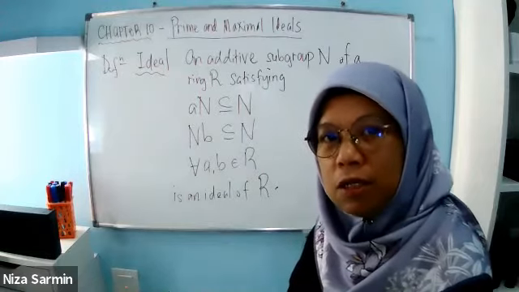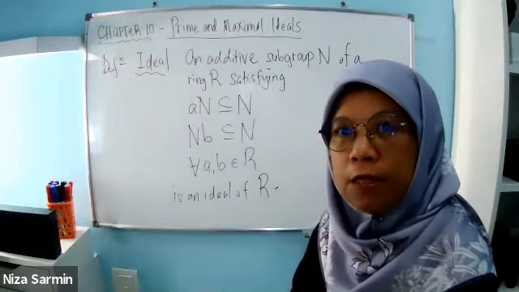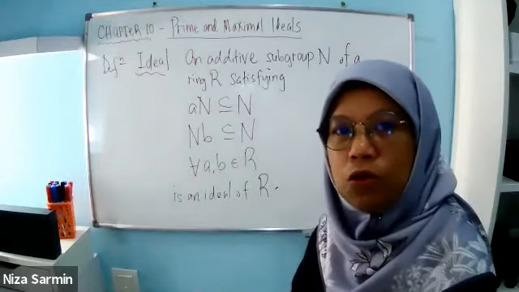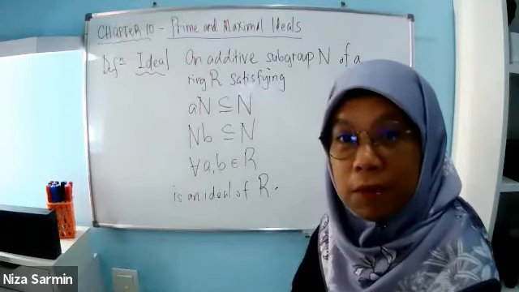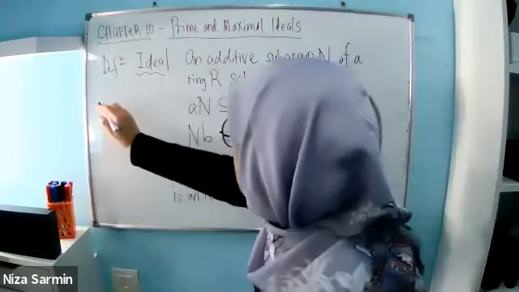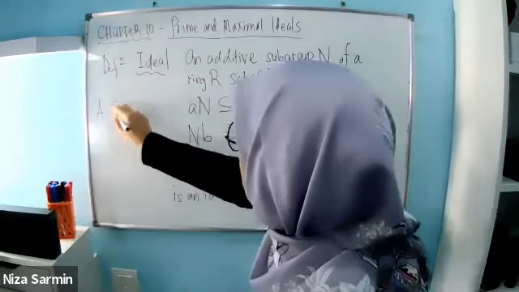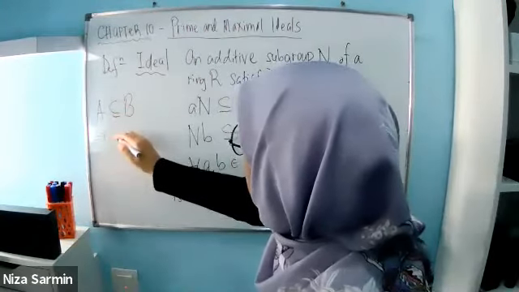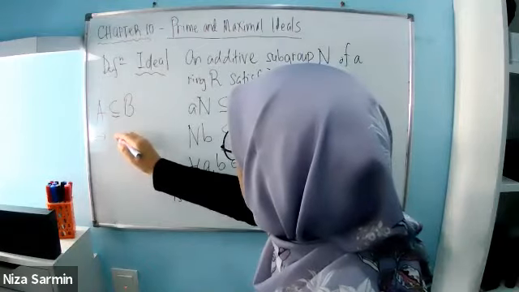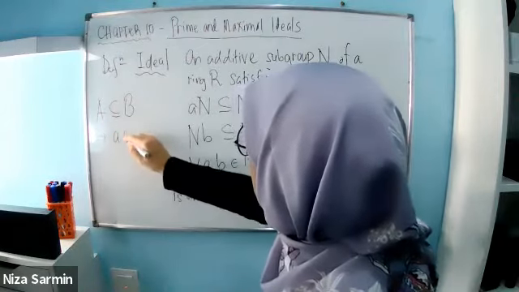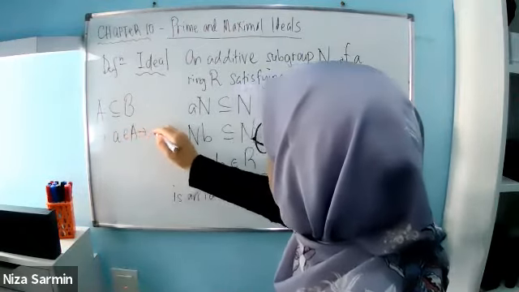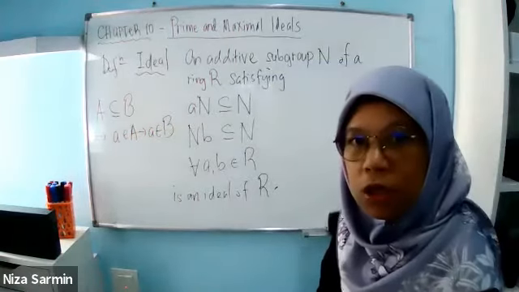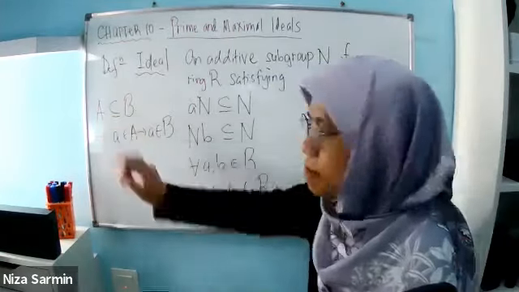In UTM last time, they had set theory and logic, and also discrete mathematics, which says that if A is a subset of B, this is the same thing as saying a in A implies a in B. So this is what subset means.